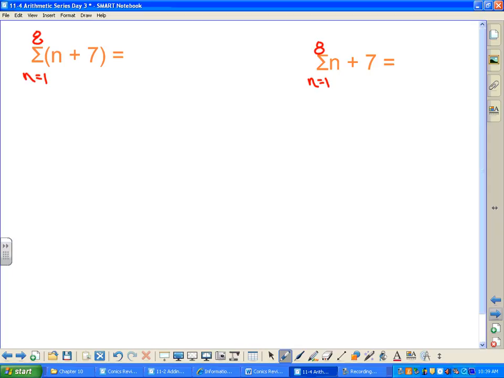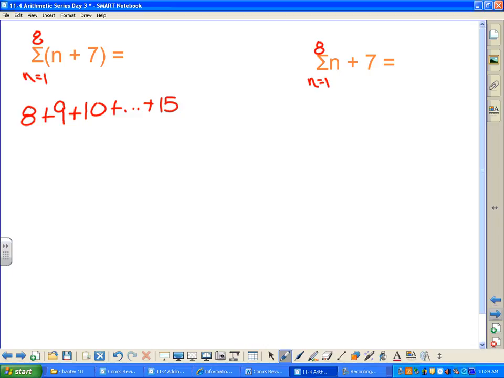This one, here's what it would look like. You plug in 1 and you get 8. Plug in 2, you would get 9. Plug in 3, you get 10. And you're going to keep doing that all the way until you get to plugging in 8, which would be 15. Now, is that arithmetic?